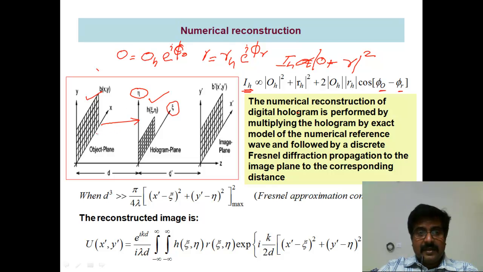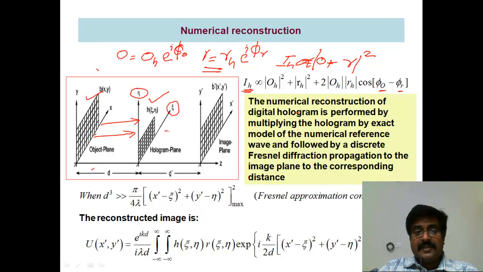Object to hologram plane propagation of light is modeled as the Fresnel transform of the object function. The propagation is equivalent to a Fresnel transform. The object function at the xy plane is Fresnel transformed to get the propagated wavefront at the hologram plane, and it is interfering with the reference wave.